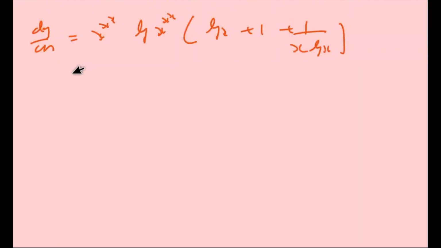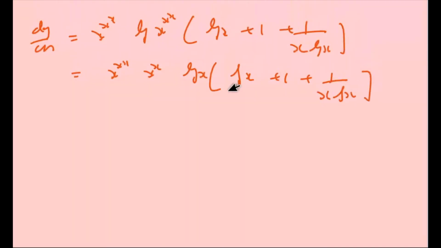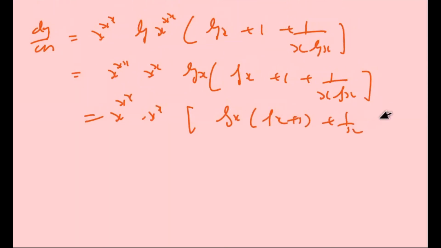So this you can write here as log x to the power x, log of log x plus 1, plus log x plus 1 upon x log x multiplied by log x. We can get here log x into log x plus 1 upon x. So this is your same answer.